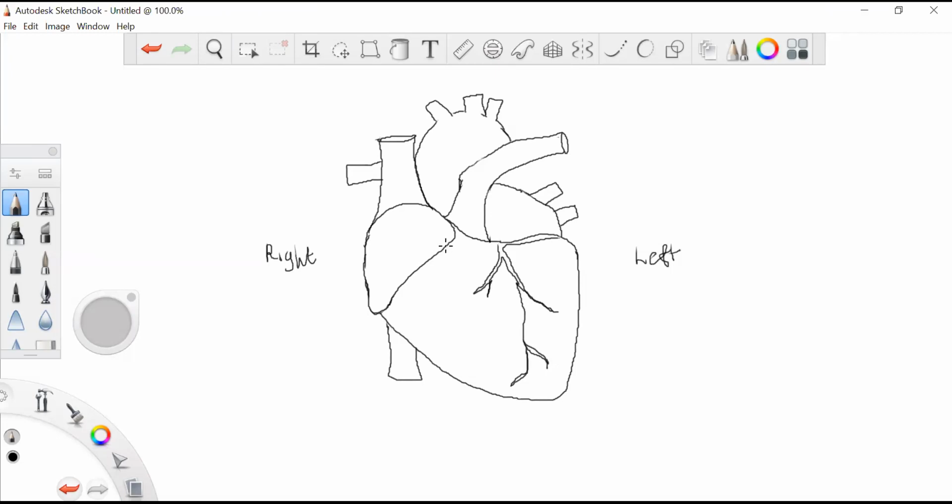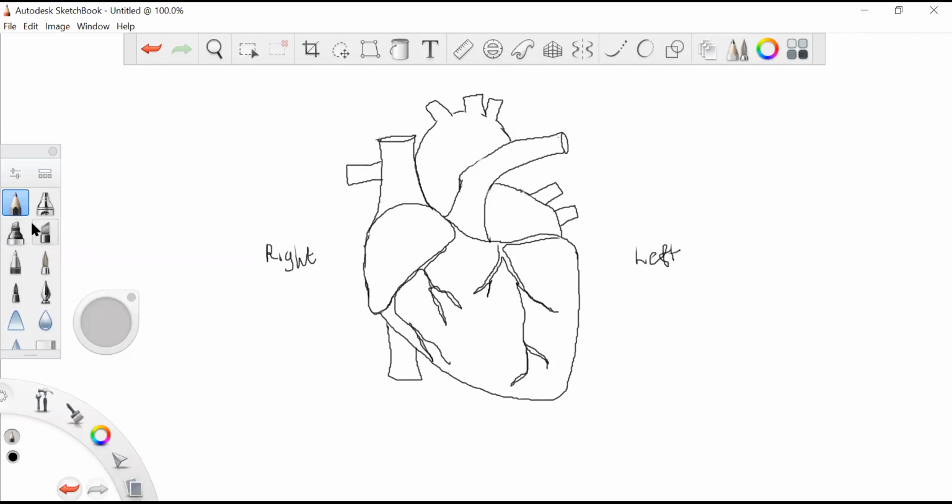Okay, so here you also have the coronary artery branching out. All right, so there you go, you have your heart.